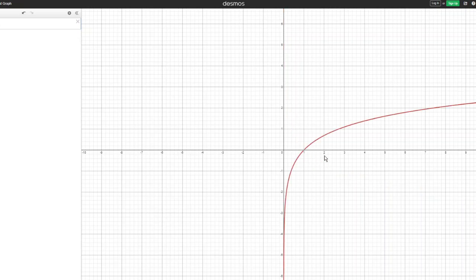I think the bottom line is, as long as you can remember the graph of the function natural log of x, you should be okay. Now look at the graph. As x approaches 0 from the right, natural log of x approaches negative infinity. You see it from the graph, right?